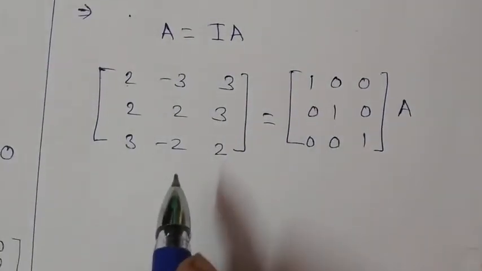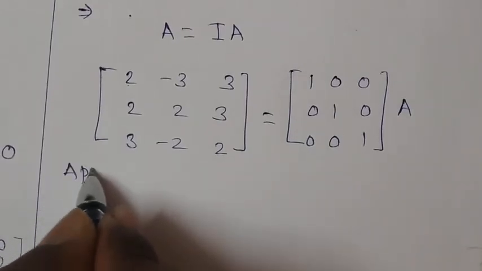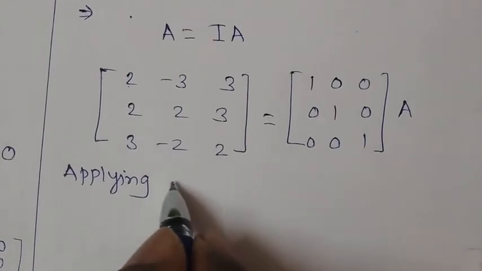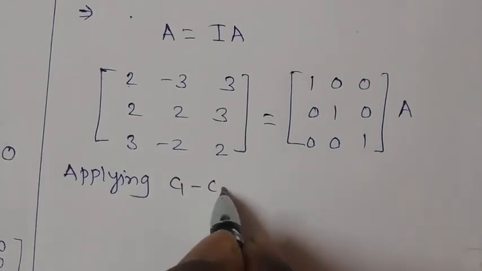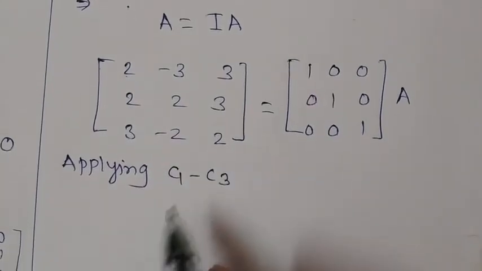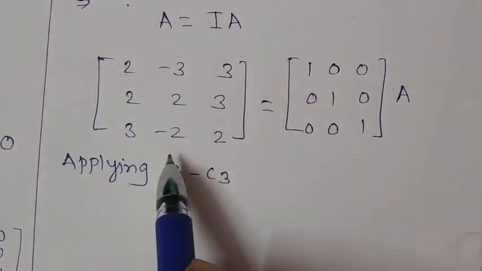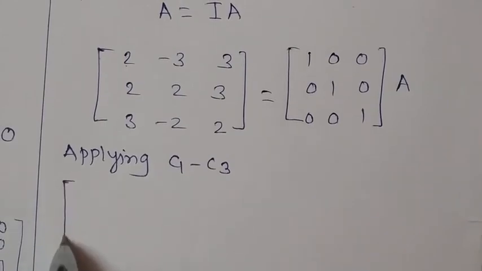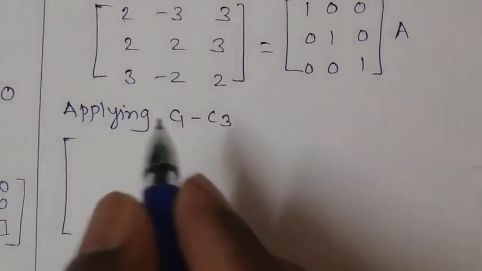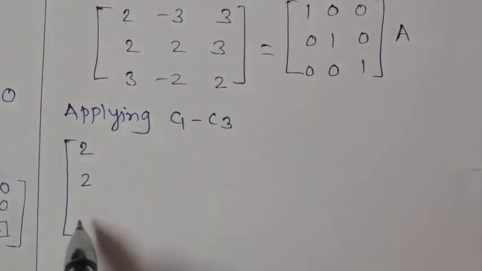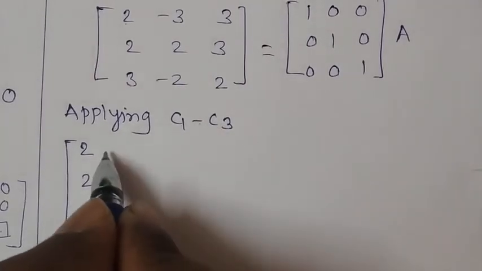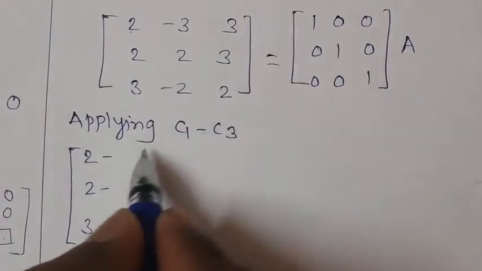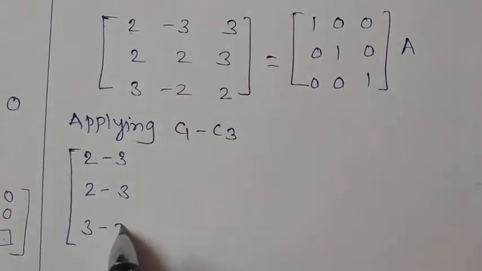So applying C1 minus C3, or you can do C1 plus C2, you can take whatever you like. Then C1 is 2 2 3 minus C3, which is 3 3 2.